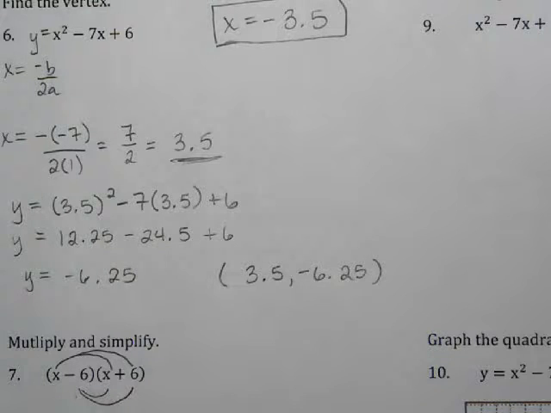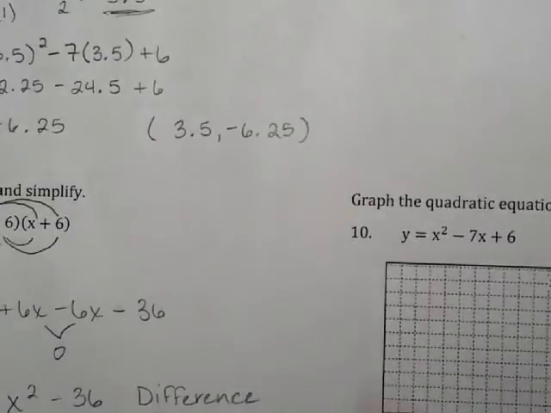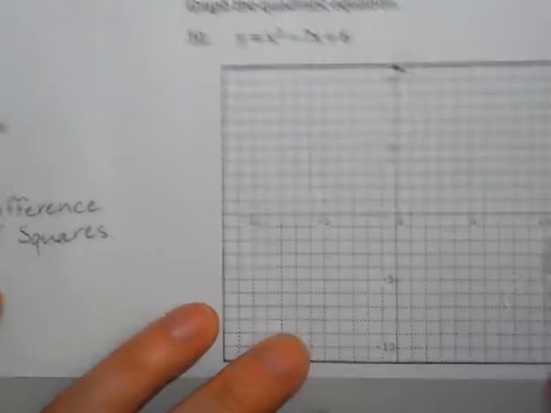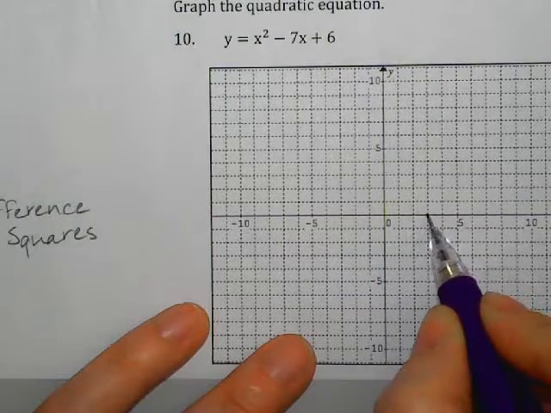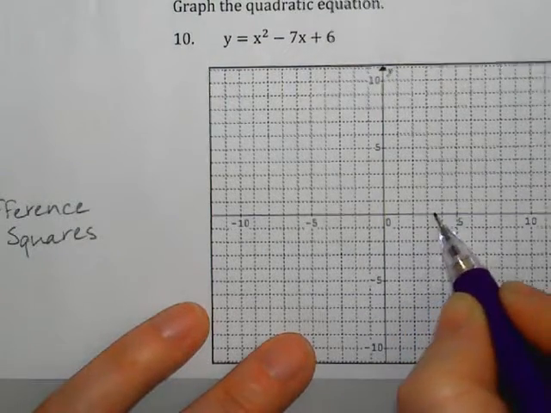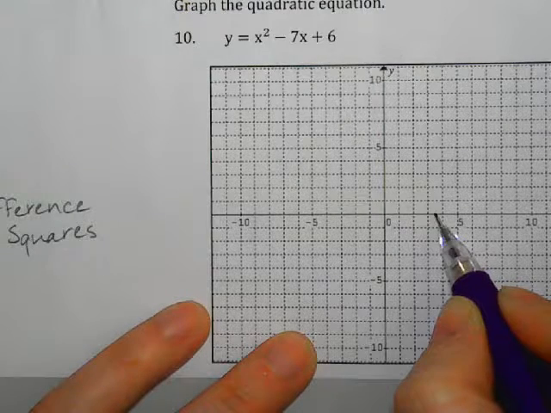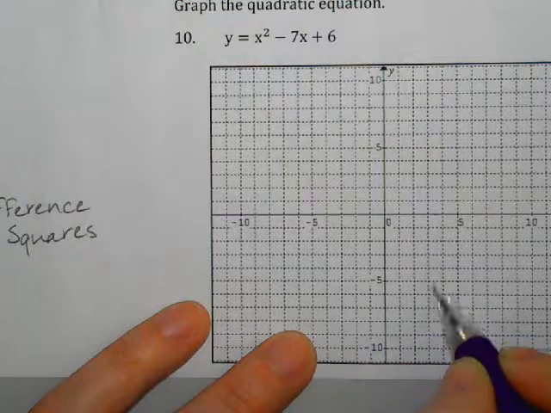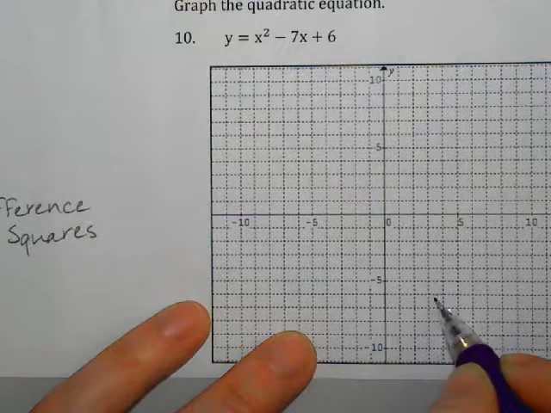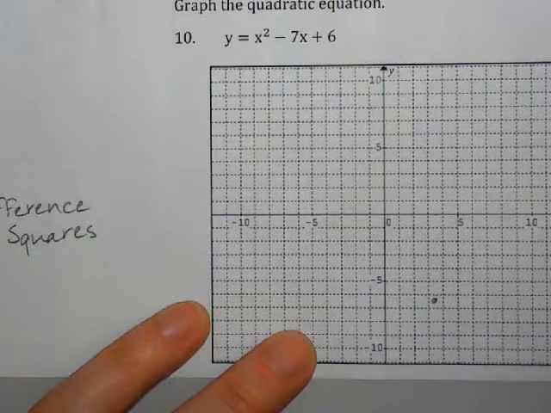6, 9, and 10 are all using the same quadratic equation. So I'm going to go ahead and graph my vertex on number 10. So 3.5, I'm going to go over 1, 2, 3, and then halfway. That's my x value. And then negative 6.25, I'm going to go down 1, 2, 3, 4, 5, 6, and then a little bit below that, not too far, because it's just a quarter of the way.